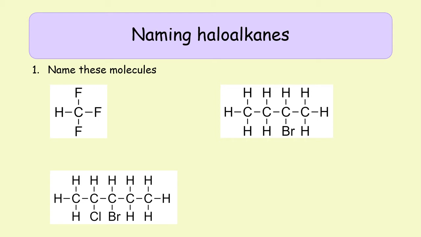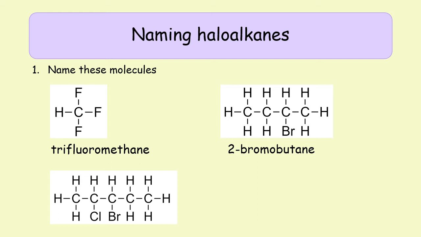That first one is based on methane, so it's going to be trifluoromethane. The next one on the top right has one bromine on it. The smallest number carbon it's on would be carbon 2 within that chain of 4, so that would be 2-bromobutane. And finally, that molecule has 5 carbons, so it's going to be pentane. We have 2 different halogens, bromine and chlorine.